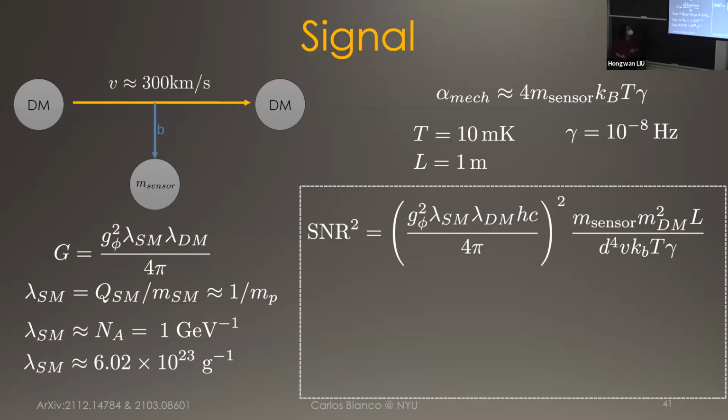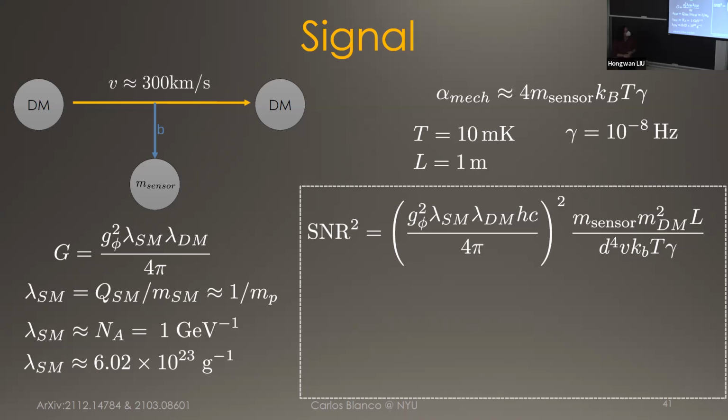So what we're talking about is a 1 cubic meter array of force sensors where the masses are mesoscale, running at a temperature of 10 millikelvin, which isn't too far out of the ordinary, and for sensors that are sort of bleeding edge, but not impossible. And we can ask, what's the signal to noise ratio of these tracks as a very heavy dark matter candidate flies through your detector?